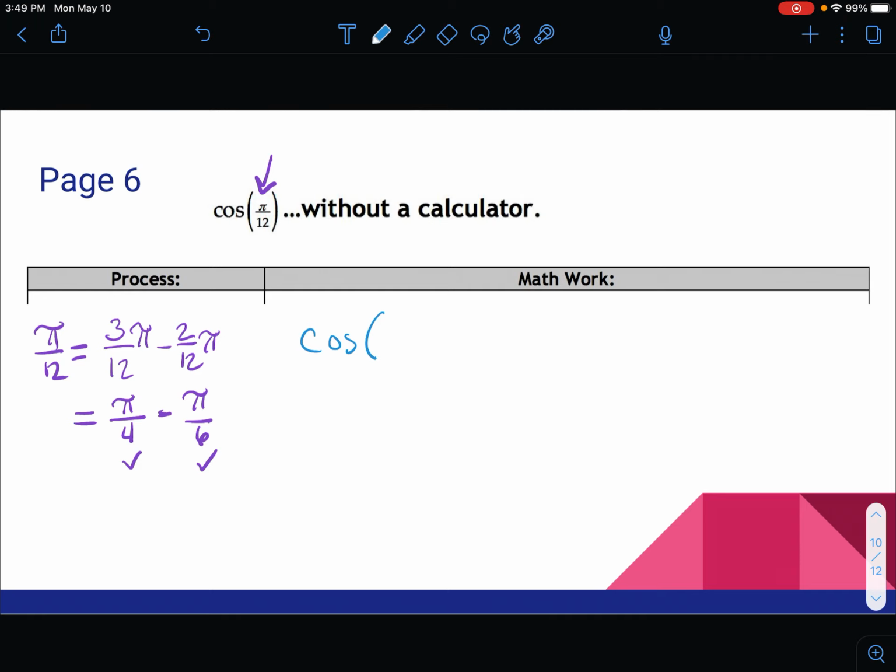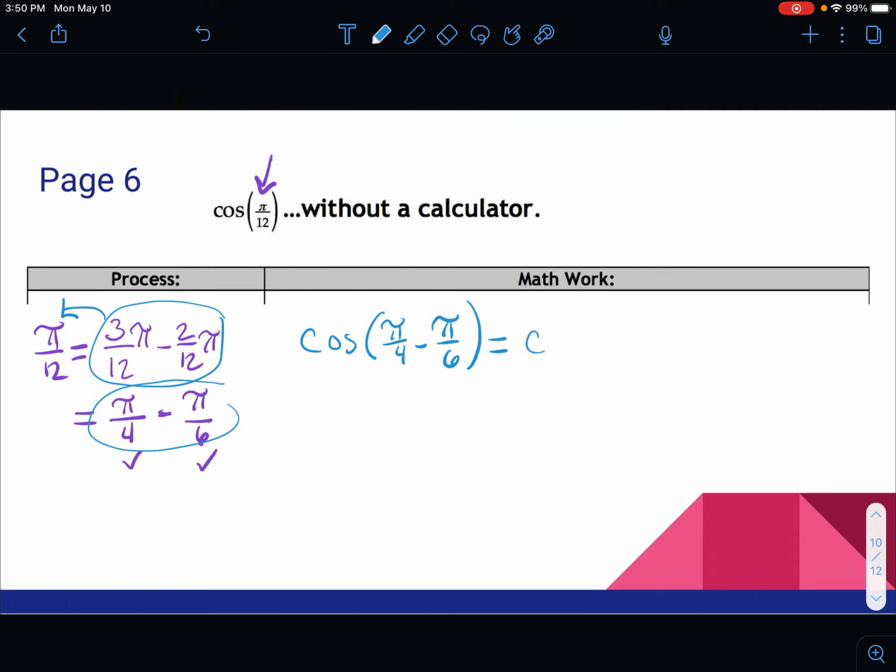All right, so now what we're going to write is we want the cosine of pi over 4 minus pi over 6. Remember, we said this difference is the same as this. We just reduced it, which is exactly the same as 1/12. Okay, so we're using our cosine identity with a difference.